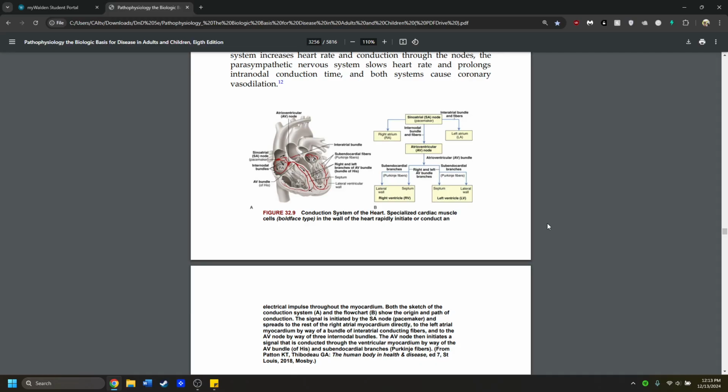So how does this all work in terms of your SA node, your pacemaker? It shoots via the interatrial bundle and fibers into the left and right atrium. Your internodal bundle and fibers, your atrioventricular or AV node, then shoot out its own signal to give you your left and right beat.